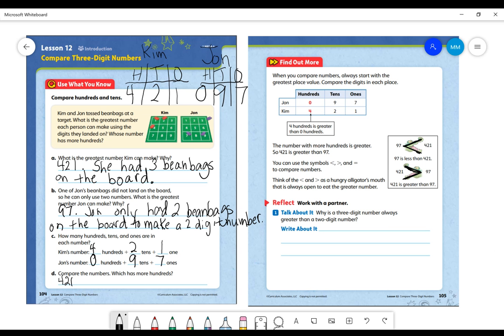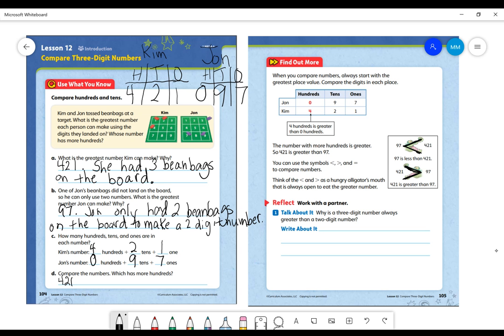Remember, Allie always wants to eat the greater number. He wants the most Skittles he can get. All right, so we are going to be exploring some more with Allie throughout this week. And I want you to start thinking about what place you always need to start with when comparing numbers. Hint, hint, it is the hundreds place.